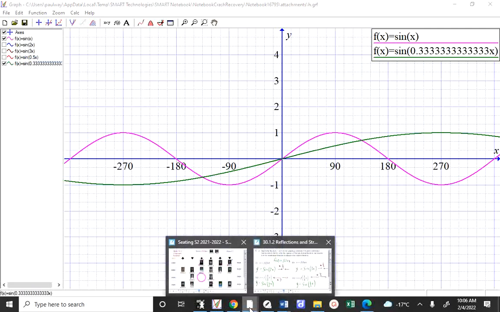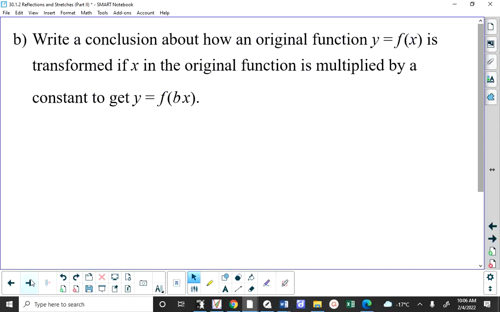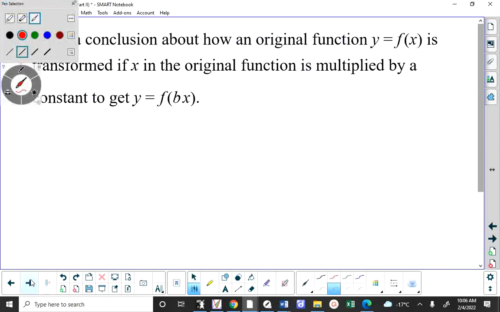So the conclusion we draw is that when we go from y equals f of x to y equals f of bx, b is another parameter. So we've got a, we have b, we have h, we have k.